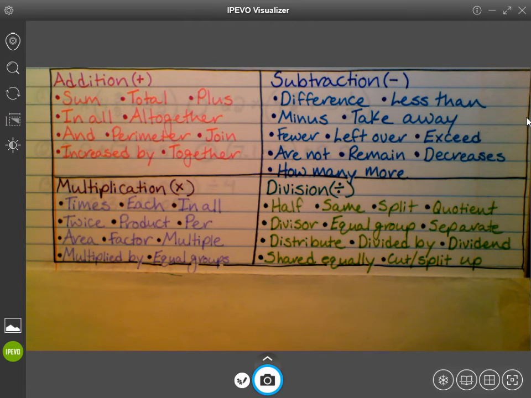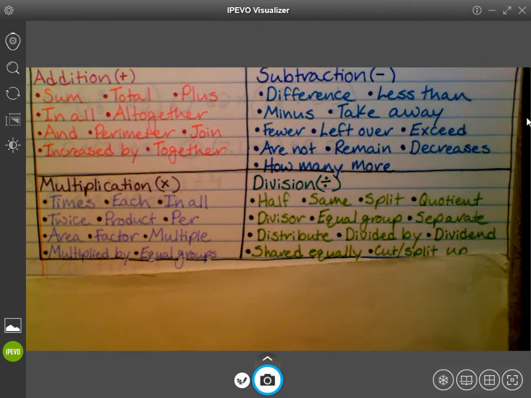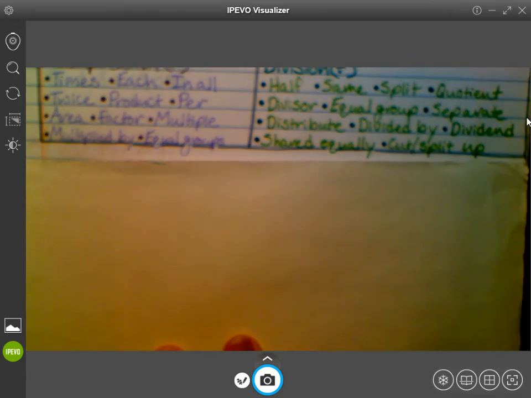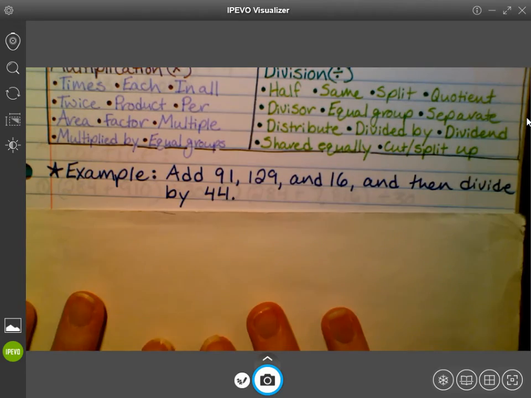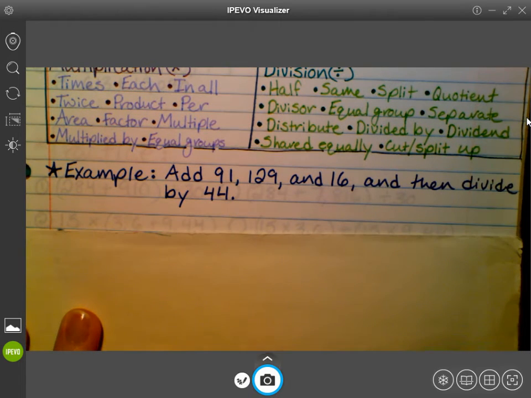All right. So, we're going to write down an example that we are going to solve together. Capiche? All right. So, books away, drawings away. Thank you to those of you who are waiting patiently. So, here's our example. We're given a sentence and we need to put it into just numbers and operations.